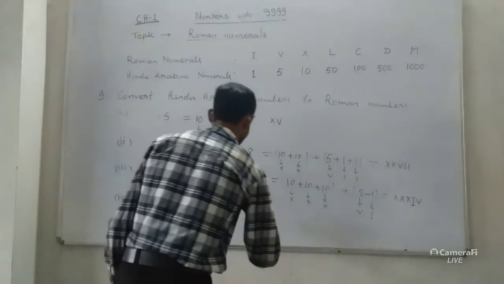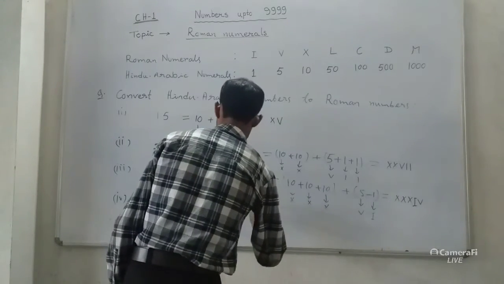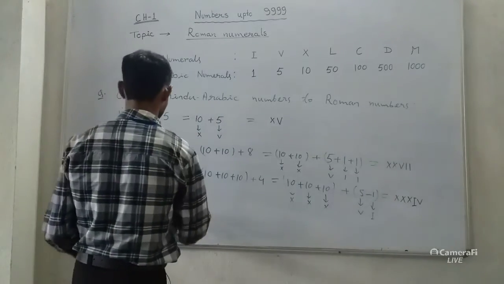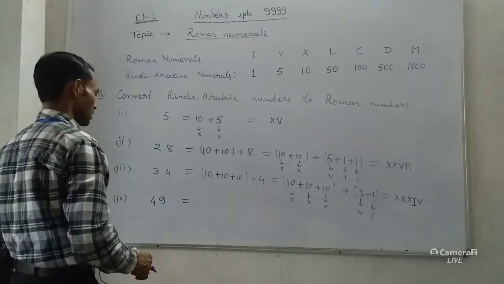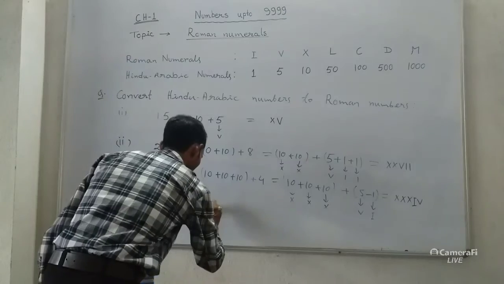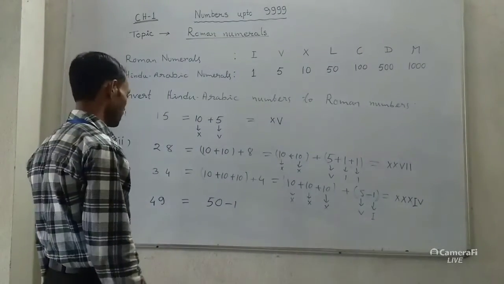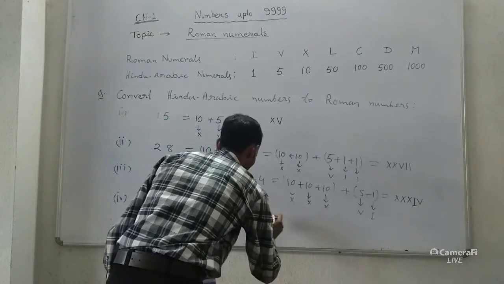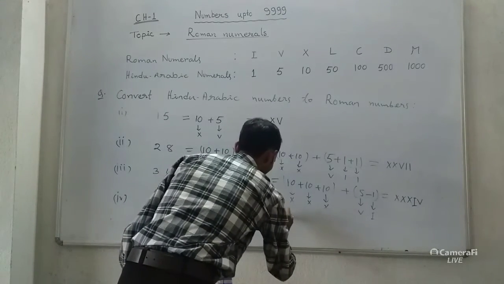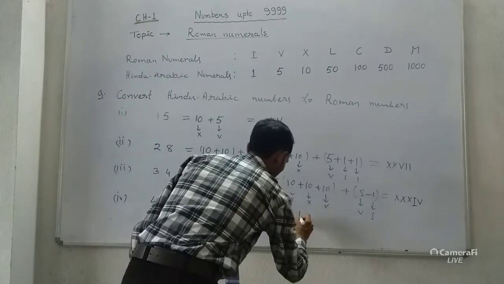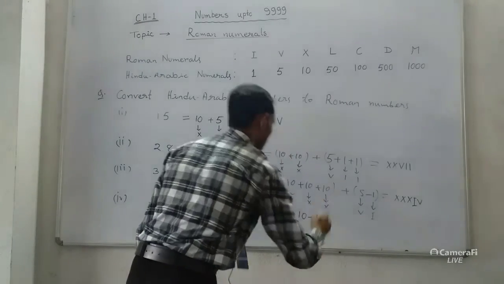Sorry, there is a mistake. 49 is nearest to 50. Okay, 50 minus 1, but 1 is not subtracted from 50. So 50 should be expanded as 40 plus 10 and then minus 1.